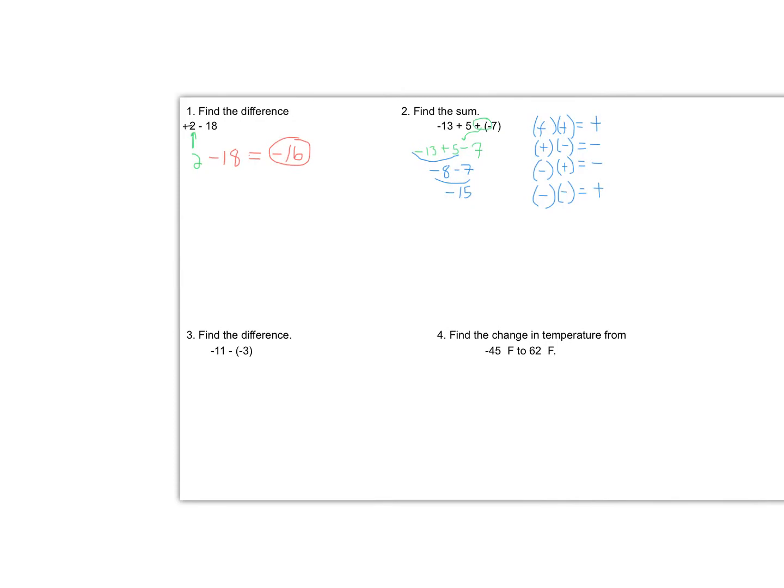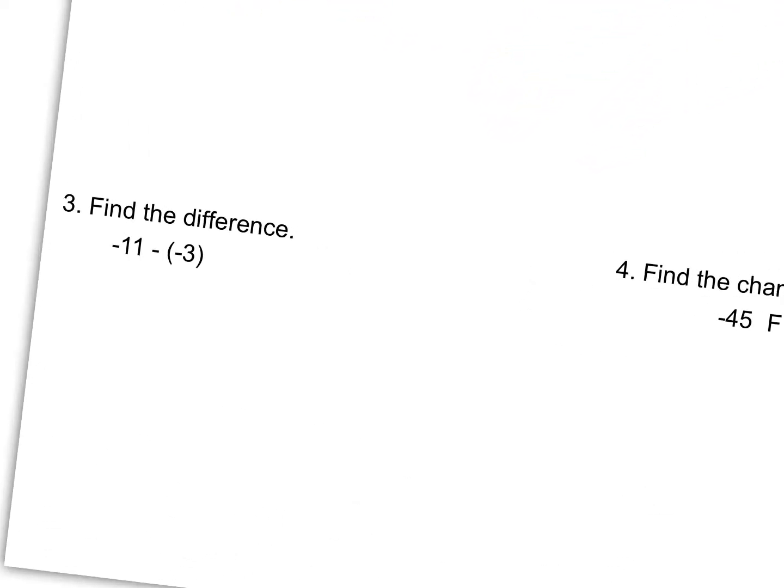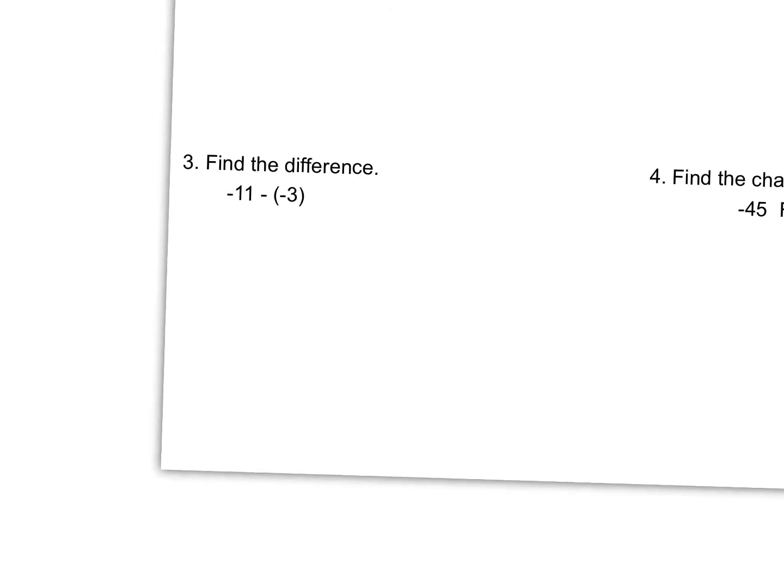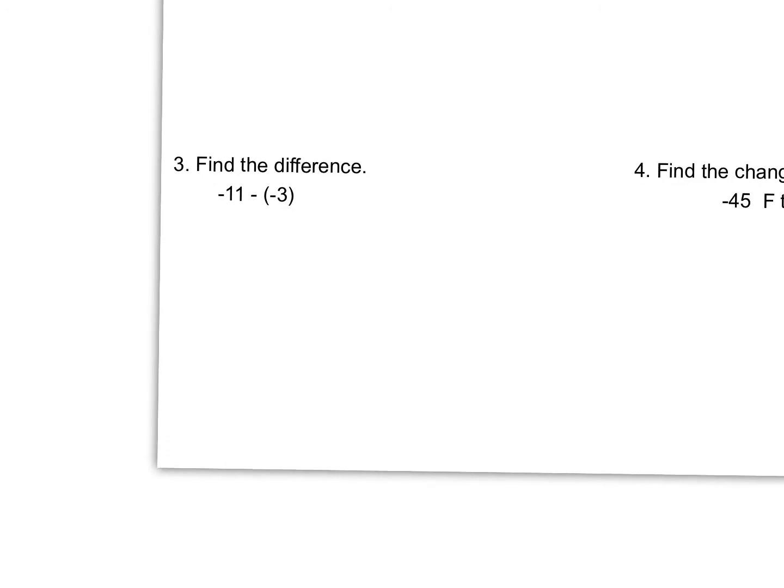Okay. So nothing too crazy so far. All right, so let's zoom out and zoom to question 3. There we go. All right, so now the next one. Again, notice we have a double sign here. We are minusing a negative. So first thing you should definitely do is take care of that first.